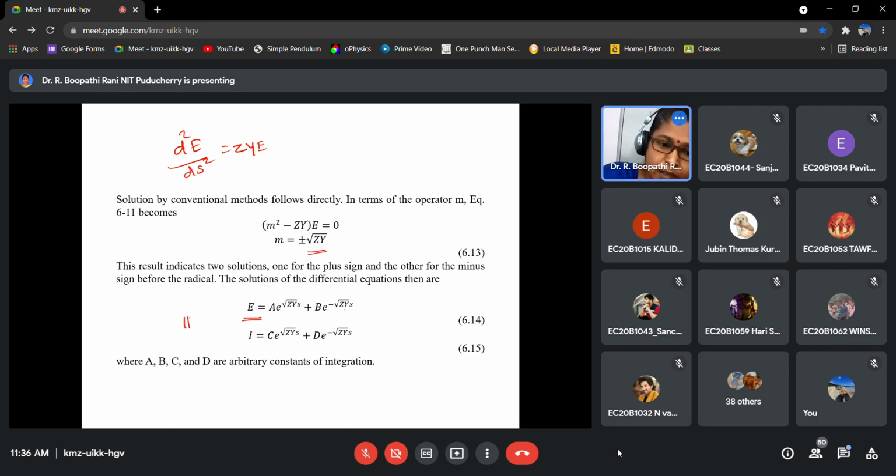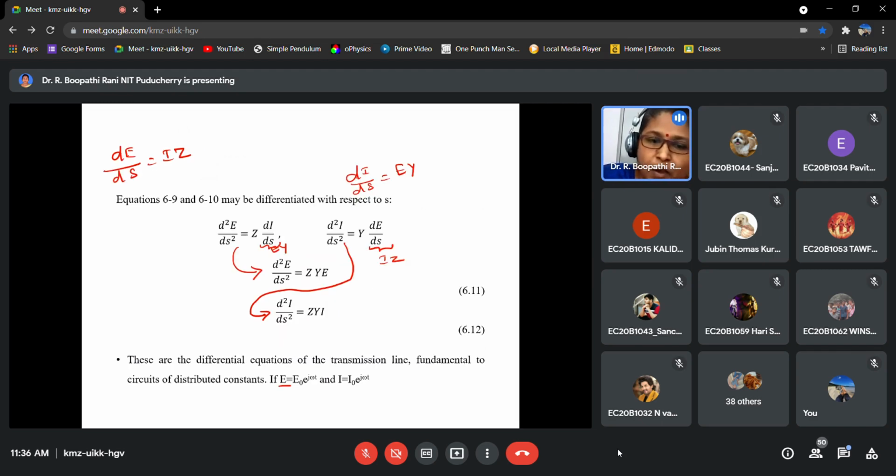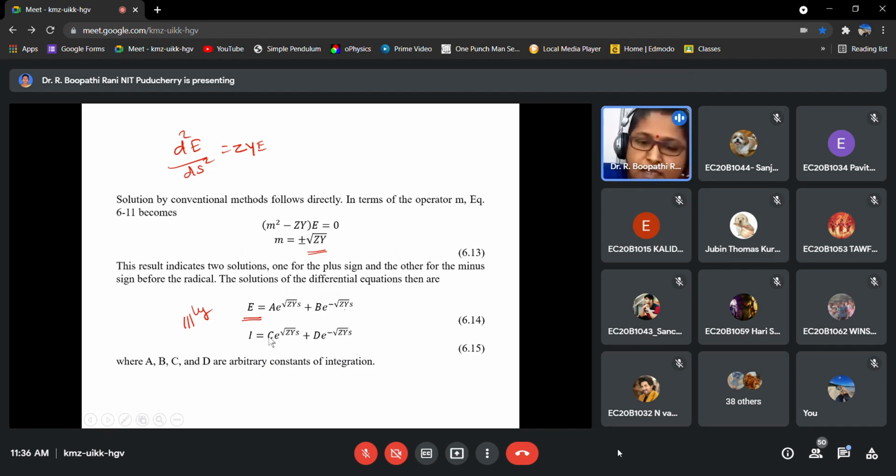Similarly, for current we have d squared I by ds squared equal to Zyi. Both are differential equations of the same order, so the solution follows the same manner. For E we used constants A and B, and for I we use constants C and D, so I equal to C e power root Zys plus D e power minus root Zys.